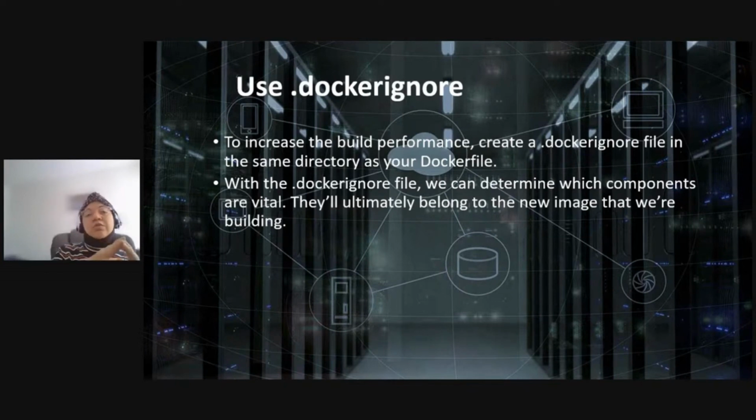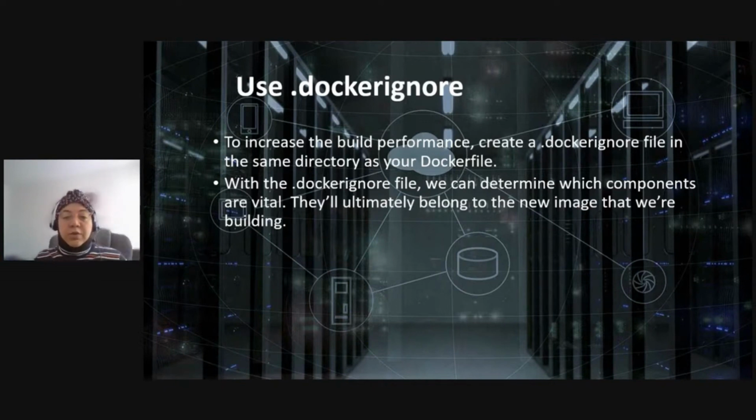With a .dockerignore file, you can identify which components are vital, so they will ultimately belong to the new image that we are building. For example, if you don't want to include the bin and the conf directory in your image build, we just need to indicate that within our .dockerignore file.